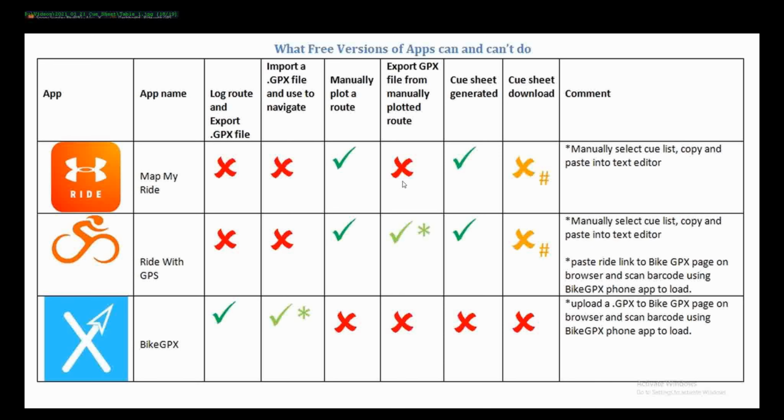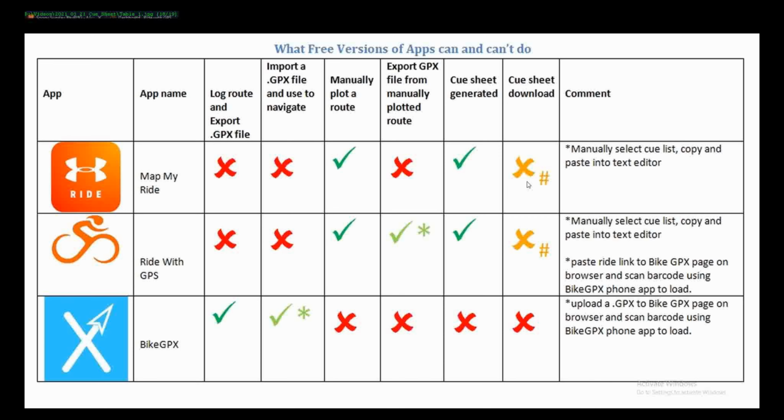You can't export a GPX file, which is a shame, because you can't then use that to enter into your phone and navigate. It will create a cue sheet in your browser, but there's no way you can download it directly.